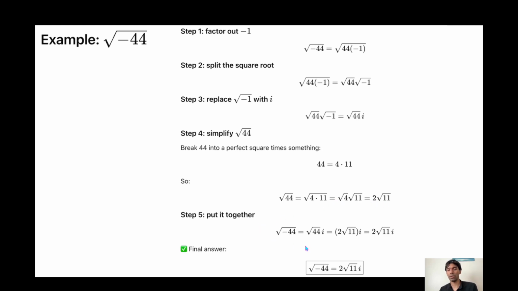Put it all back together, we have square root of minus 44 equal to square root of 44 multiplied by i, which is then equal to 2 square root 11 multiplied by i. So our final answer is square root of minus 44 is equal to 2 square root 11 multiplied by i.